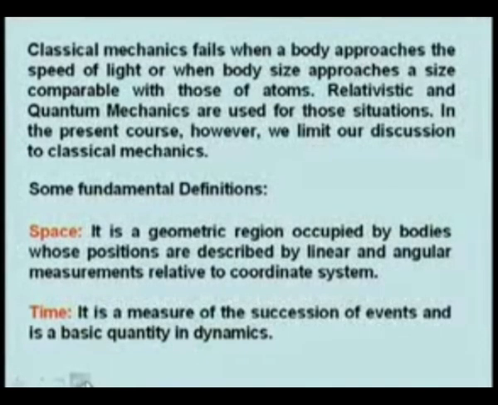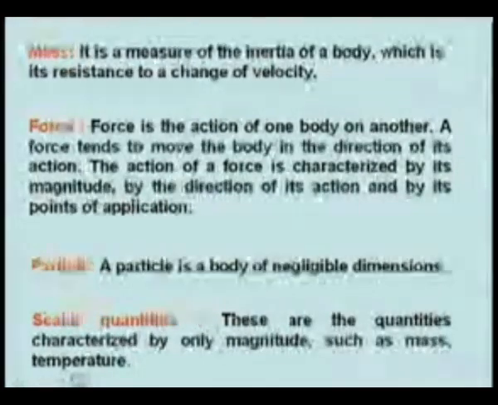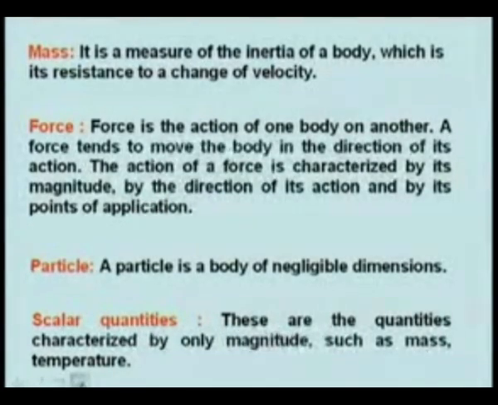Time is a measure of the succession of events and it is a basic quantity in dynamics. Mass is a measure of the inertia of a body, which is its resistance to change of velocity. Force is the action of one body on another. For a force to apply, there should be the presence of another body.